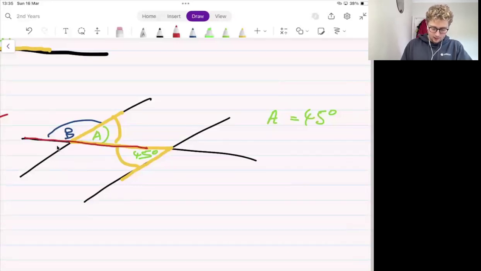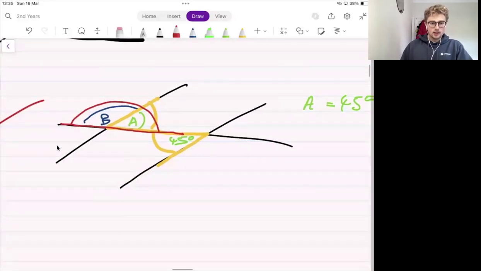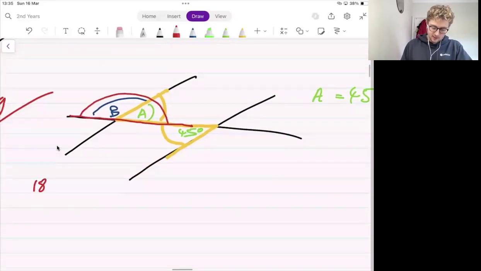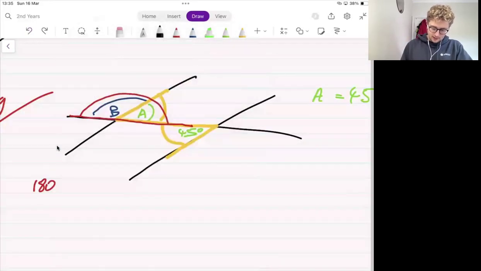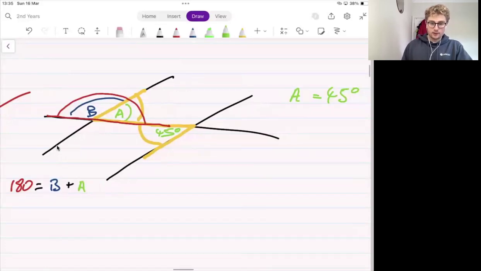Now, that's a straight line, and I know that a straight line has 180 degrees, and that 180 degrees is made up of the angle B plus the angle A. But don't I know now that the angle A is 45 degrees?